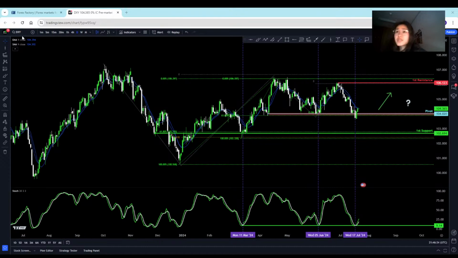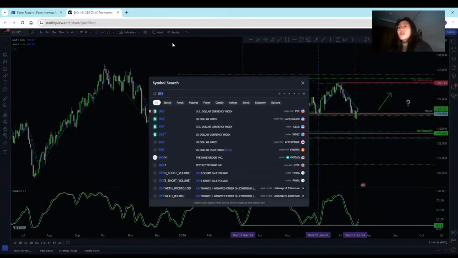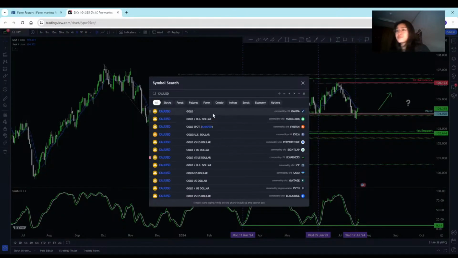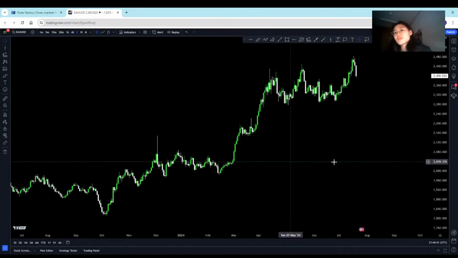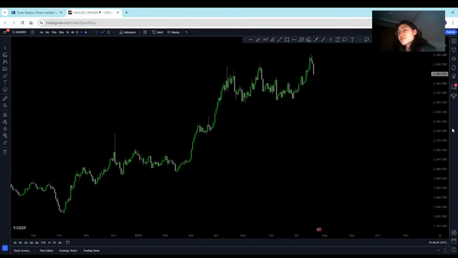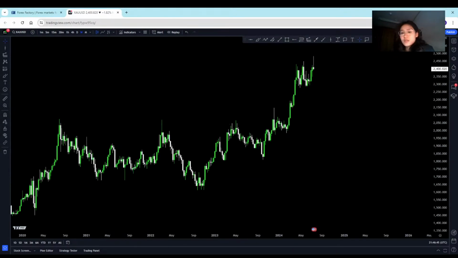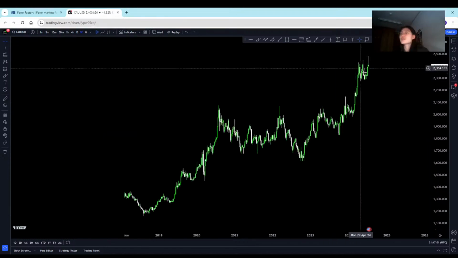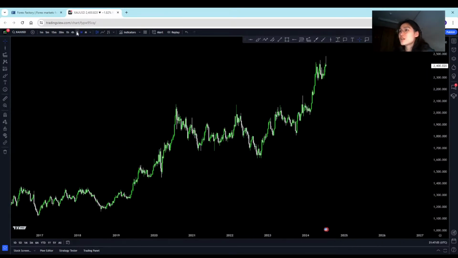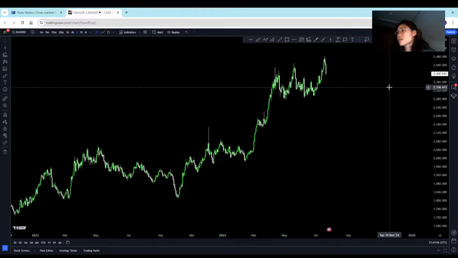Okay, yeah, let's look at gold. So on our weekly time frame, we can see gold has been moving in an uptrend.